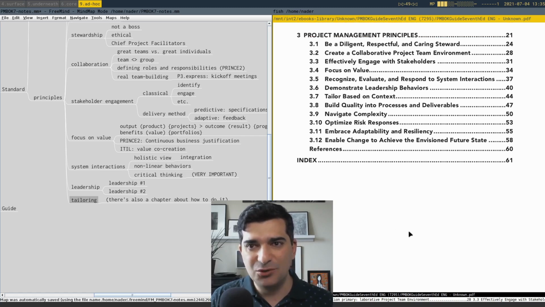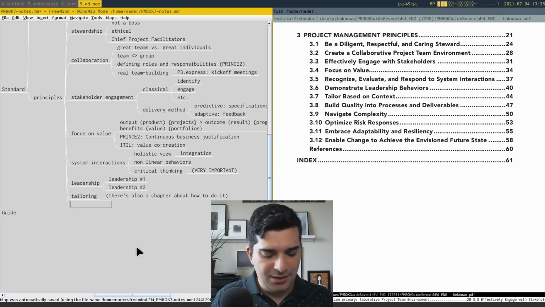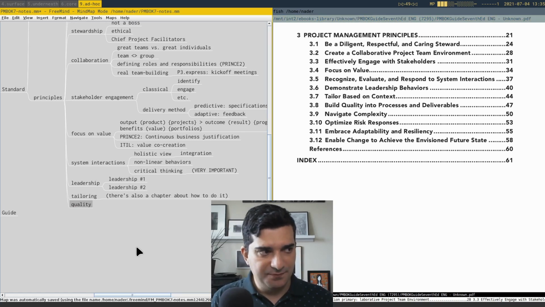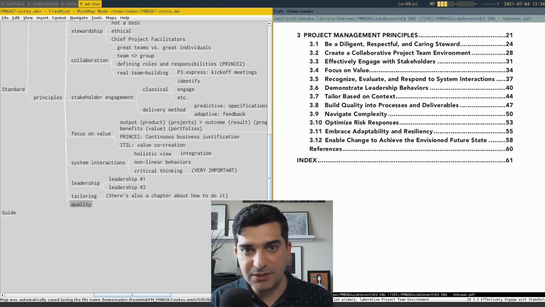So, quality. It's about a simple concept. Don't think of quality as something that you bolt into your elements in the project, into your deliverables or processes. Integrate it into what you do.